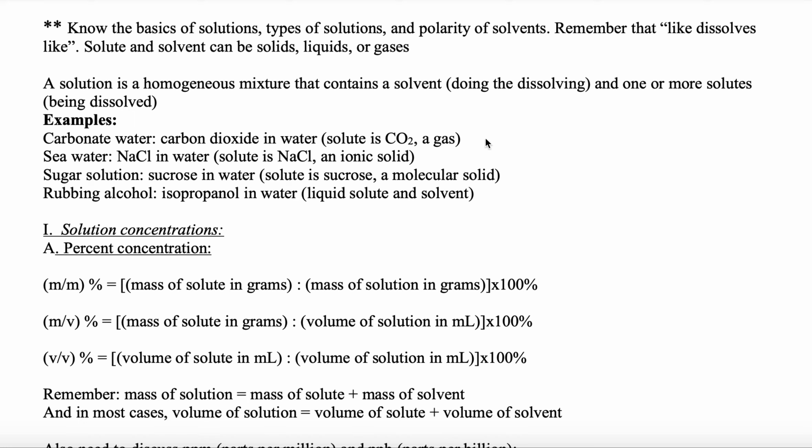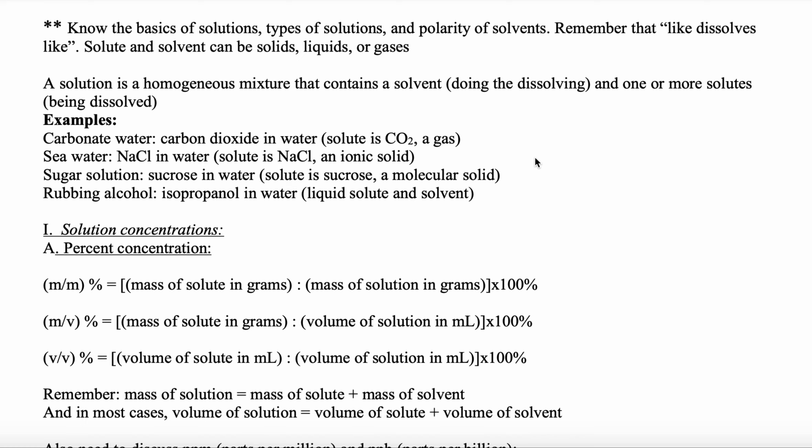So the point of this example is that your solute can be a gas, an ionic solid, a molecular solid, or a liquid. Okay, your solvent too can be in any physical state. It could be a gas, like air, you got oxygen and nitrogen.